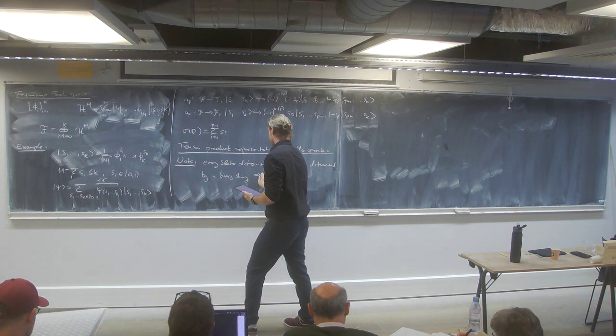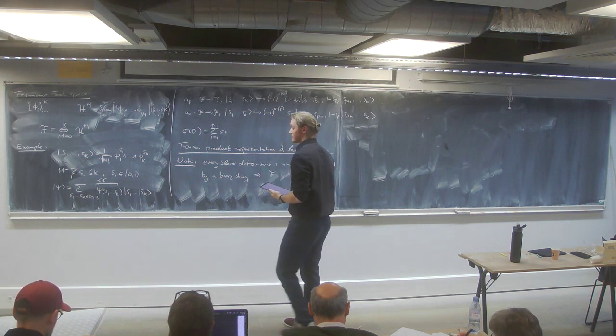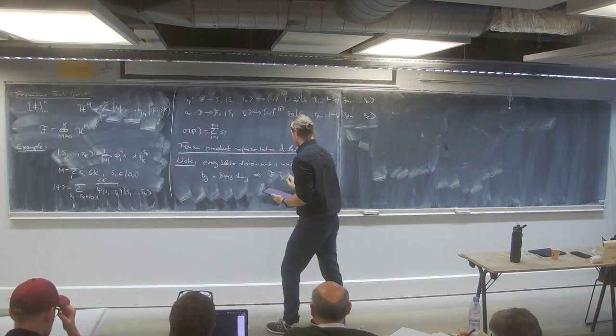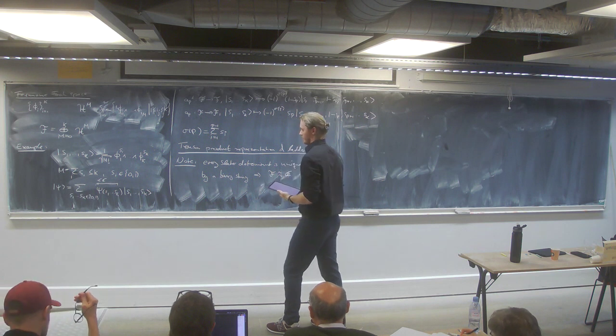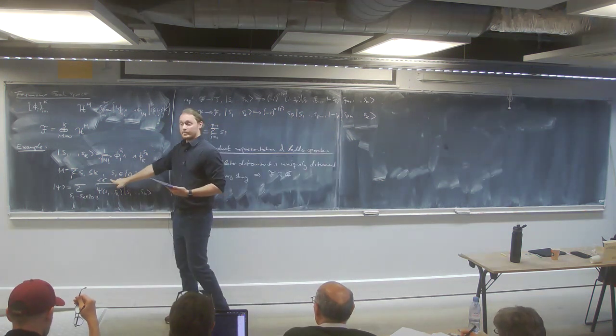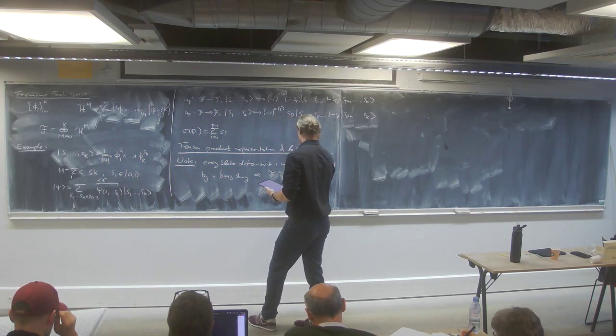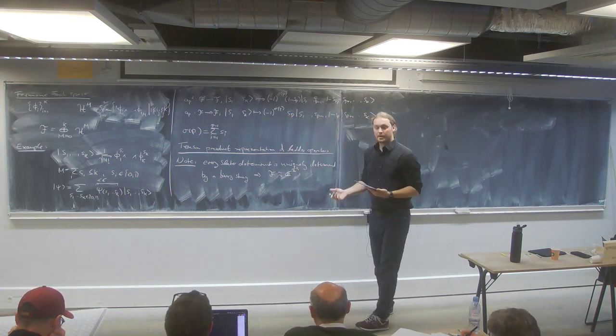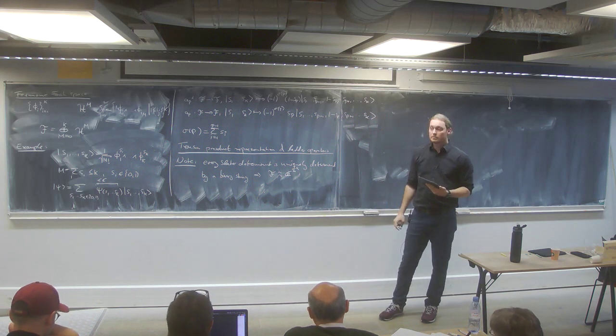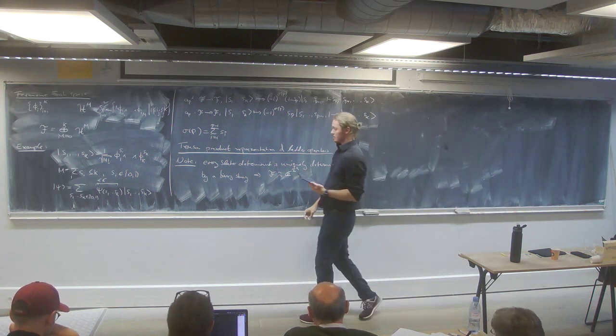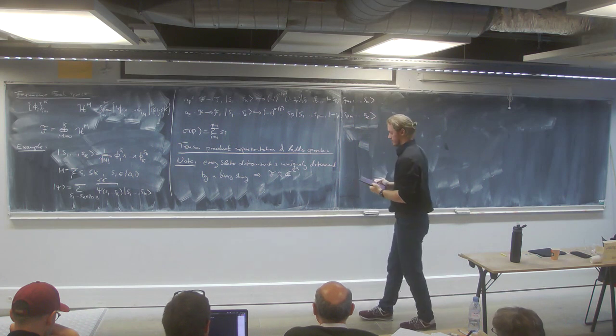This implies that our Fock space can actually be written as, if we choose complex amplitudes, C to the 2^k. It's a binary string of length k. So it looks like this.